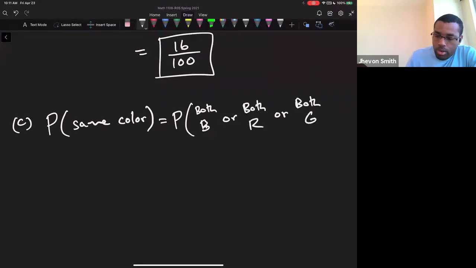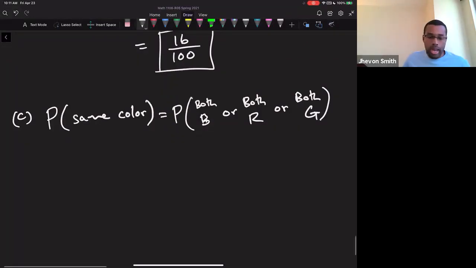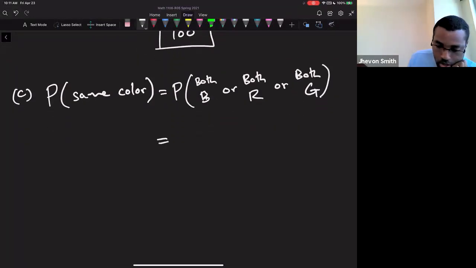Or both green, right? And here we also have that they're mutually exclusive because you can't actually have both of these occurring at the same time.